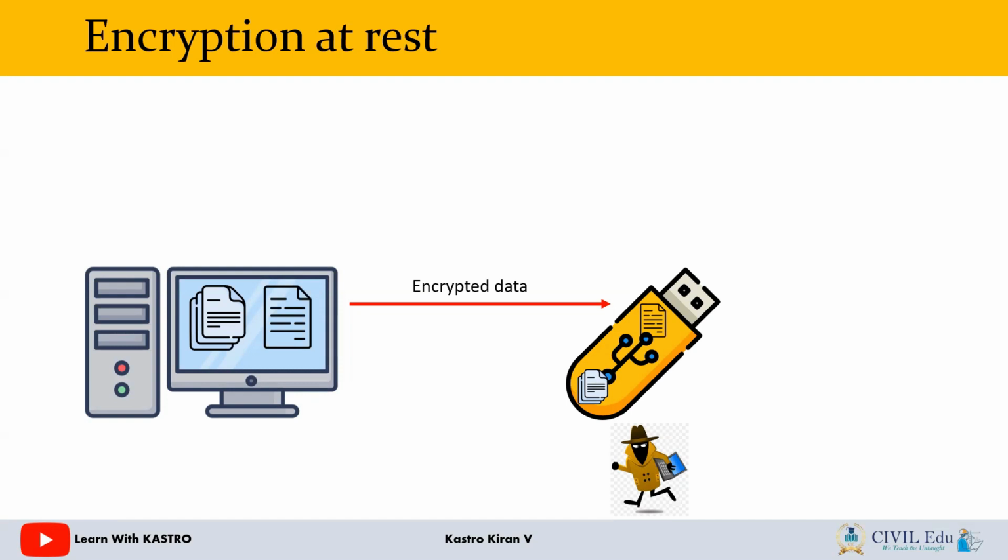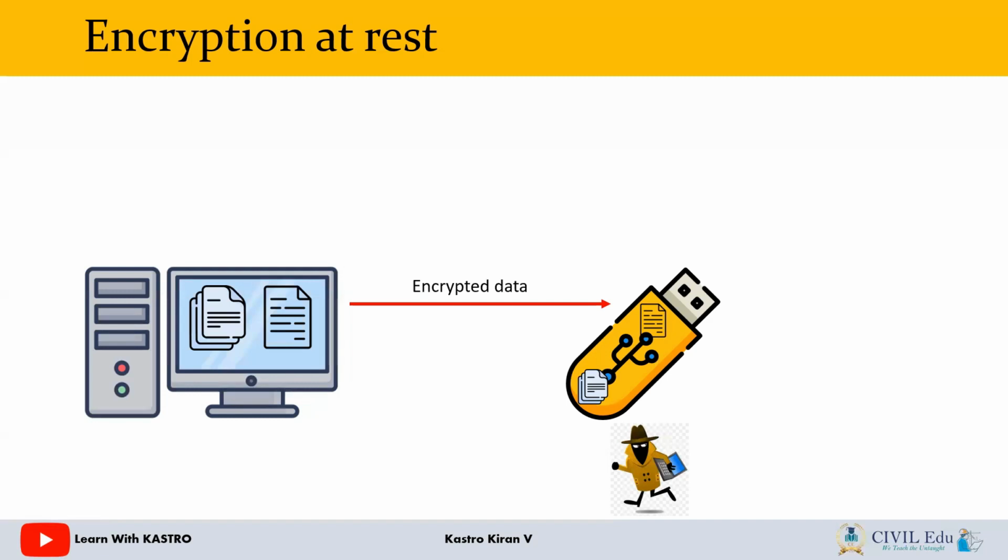Now, even if the pen drive is lost, and even if the files are accessible to a third party, when they try to open the files, they will not be able to understand the data available in the files. Why? Because we have encrypted the data. That means we have converted the human understandable language into a non-understandable language in the form of alphanumeric characters.